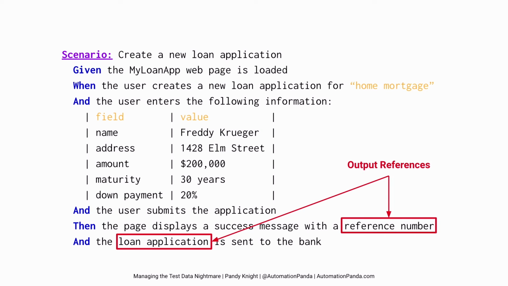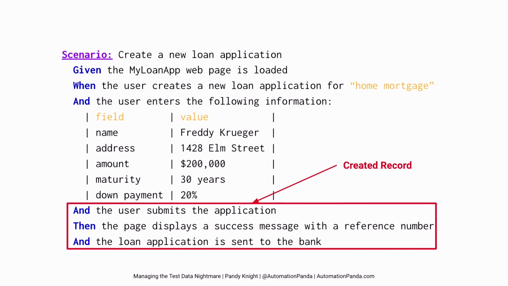These values cannot be literals because they originate from the product, not from the test case. Tests must refer to them by reference and retrieve their value from the product. As a side note, this test dynamically creates the loan application, so it's an example of that dynamic data prep we saw before.